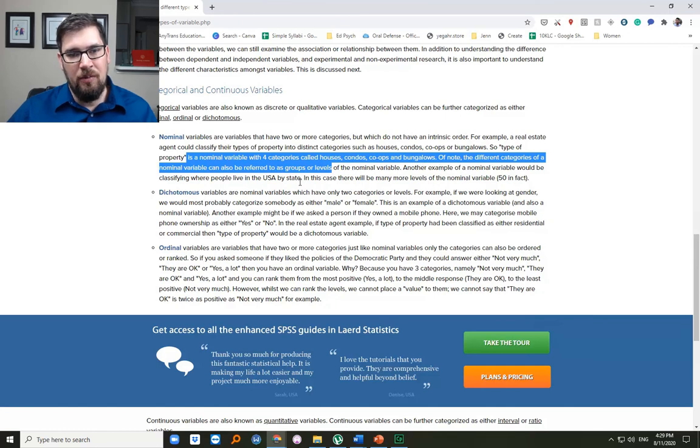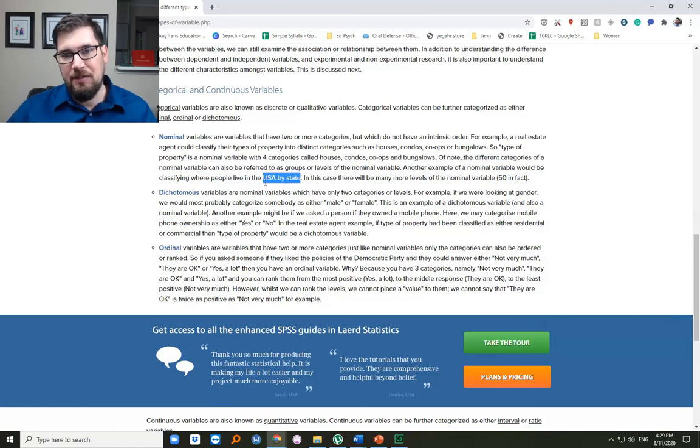Another example of a nominal variable would be classifying where people live in the U.S. by state. And while individuals have different perceptions of which states are better, as researchers, we're not trying to say better. We're just trying to locate you, to say, okay, what area of the U.S. do you live in, or what state, or what city, or what's your phone number, and obviously, we're not going to judge you based on your phone number being better or worse.